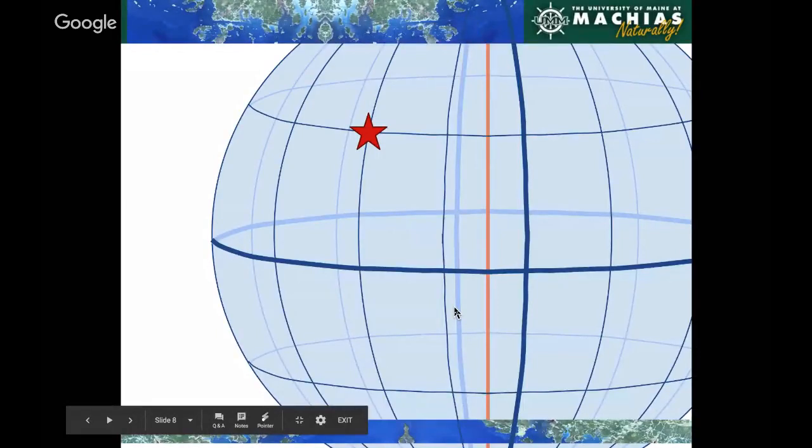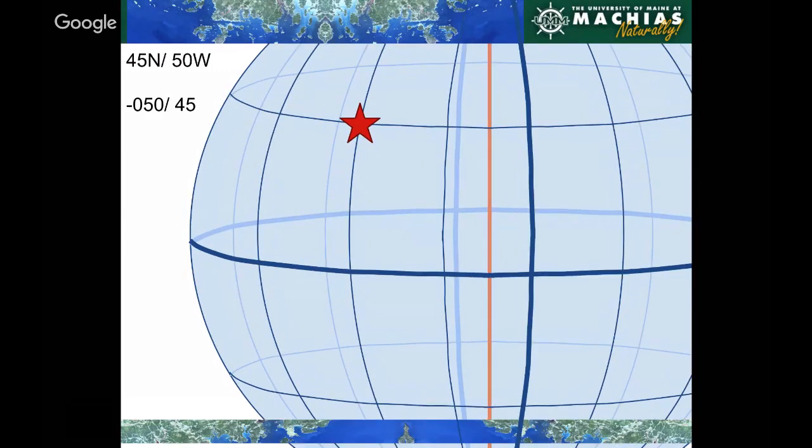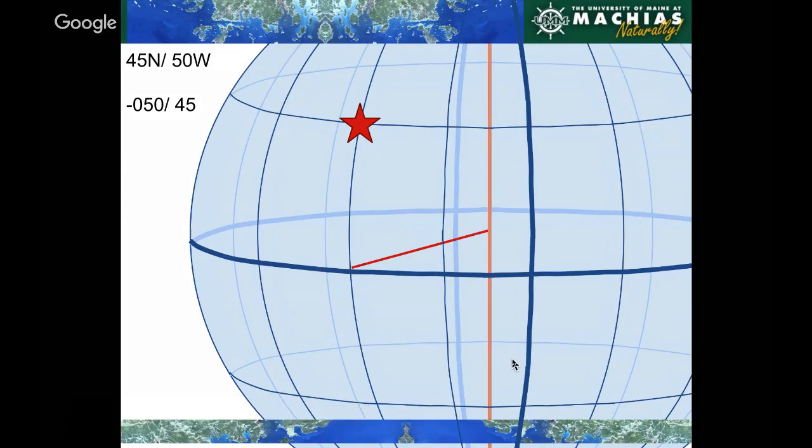You can unmute yourself and tell me if you have questions while I'm doing this. So there's our location, and I want to figure out where it is, right? There's this imaginary post that goes from pole to pole. It's the post that the globe spins on, and we can think of that as the central axis.